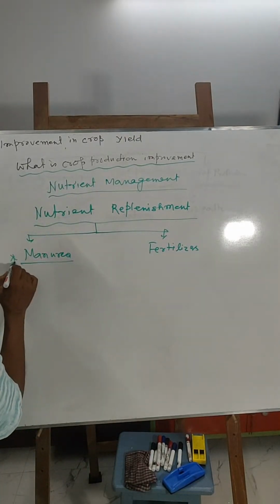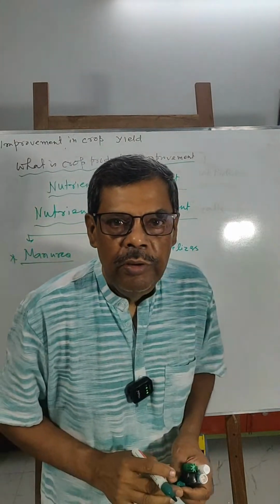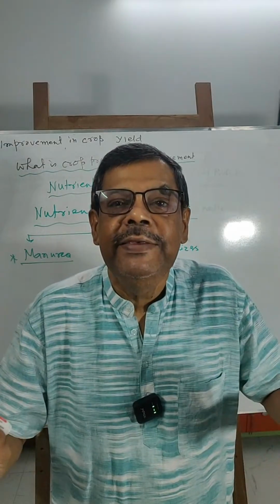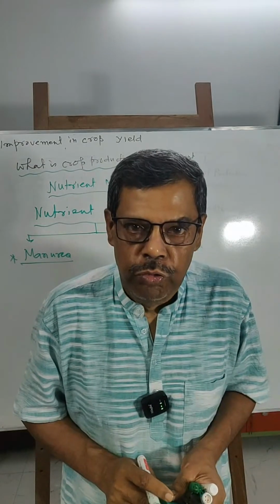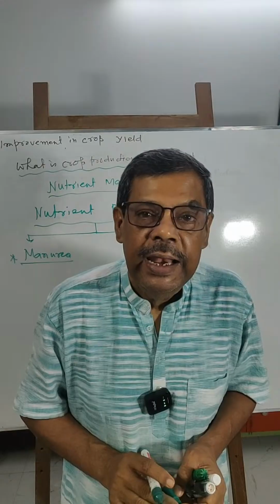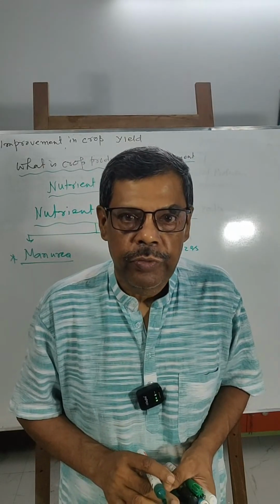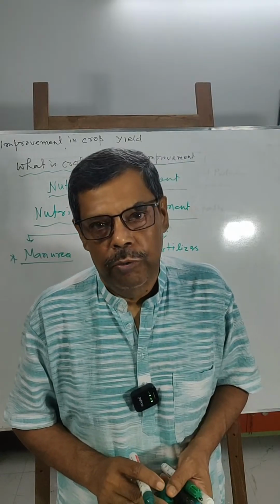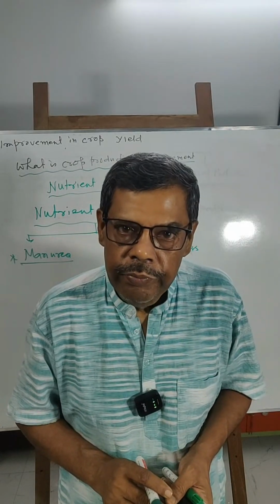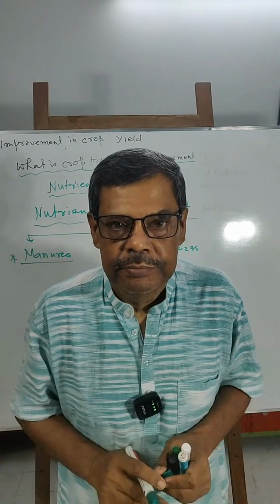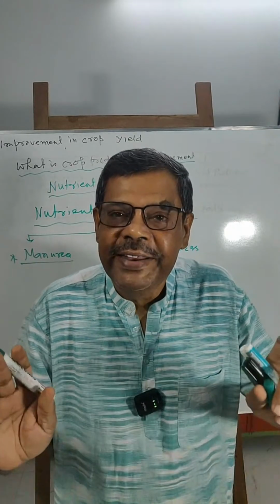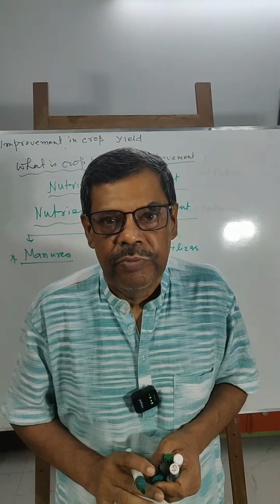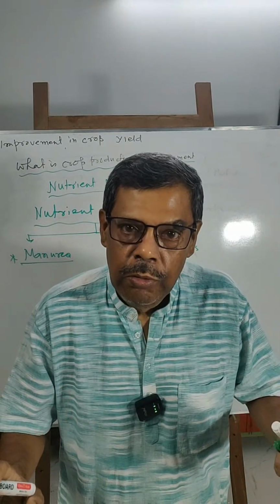First, what is manure? Manure may be defined as the semi-decomposed organic matter which is found from animal excreta, plant residues, different types of garbage and wastes.